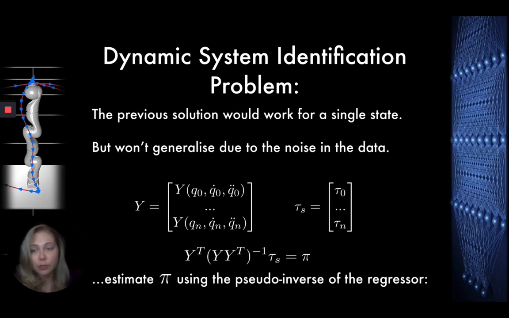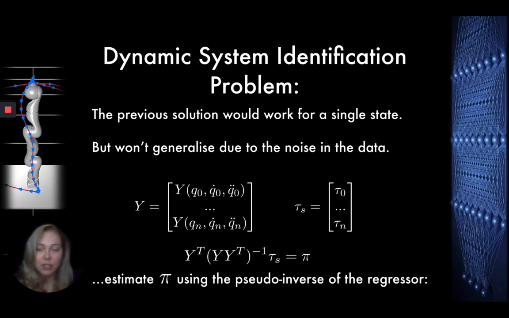However, unfortunately, not only do we have multiple states, but also multiple trajectories. So what we do instead, we stack the regressors together as a huge matrix, and we stack the torques for each state together, as you see on the slide here.